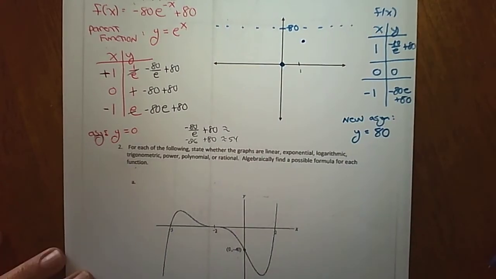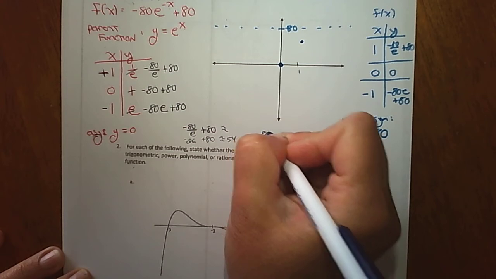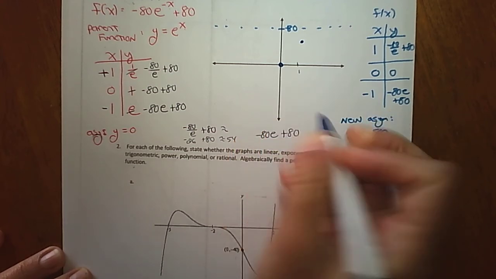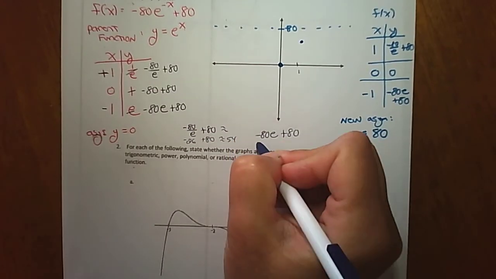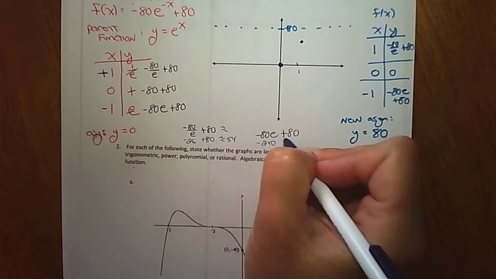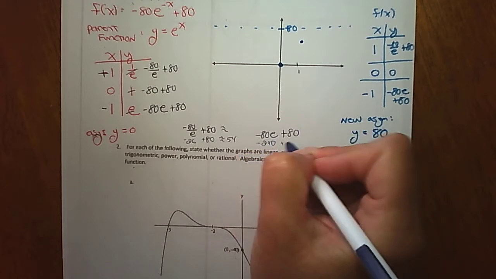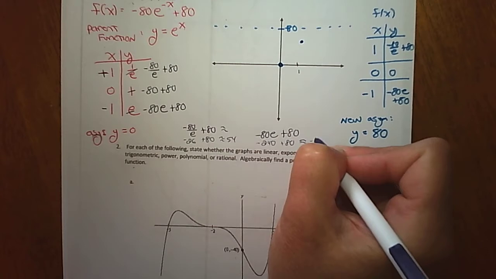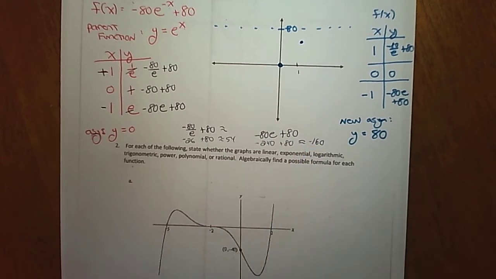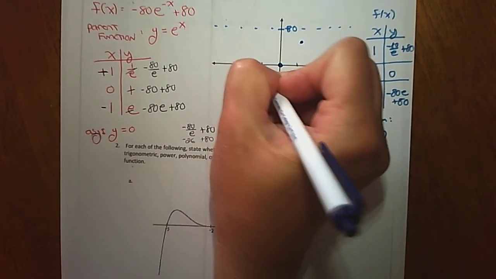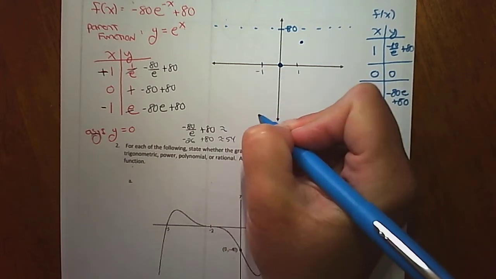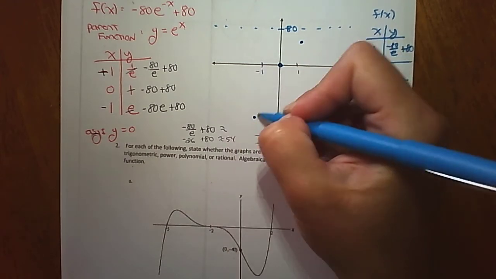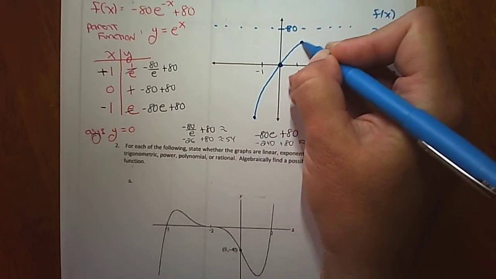And then the other one is negative 80e plus 80. Well, if e is about 3, this is about negative 240, plus 80. That means this would be approximately negative 160. So at negative 1, we're going to be way down here somewhere. So the graph looks like this, and we're going to asymptote.